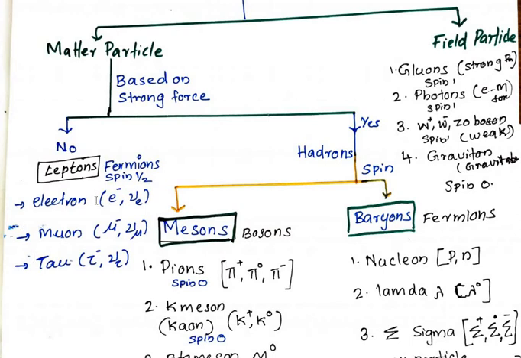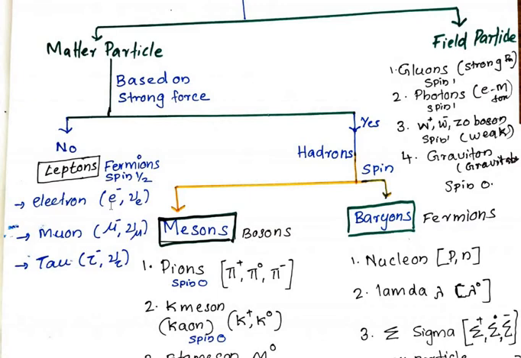In the universe we have particles and antiparticles. So in the lepton family we have 6 particles and 6 antiparticles also. Every particle has an antiparticle. What is the specialty of an antiparticle? They have the same mass and same spin but opposite charge.